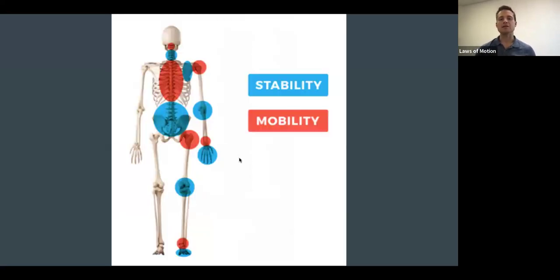core. So when we look at movement patterns, we want to think of this stability and mobility model. You can see in the blue, you want more stability here. So you want stability in the middle part of the neck, in the lumbar spine, in the scapula. We want more mobility in the upper cervical area, in the thoracic area, in the shoulder, in the hip.